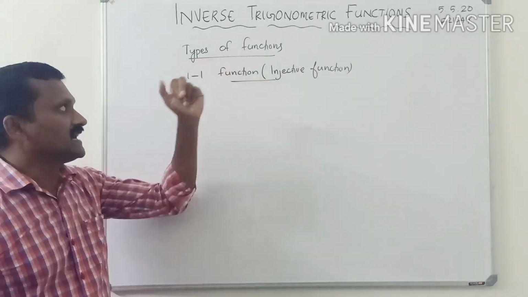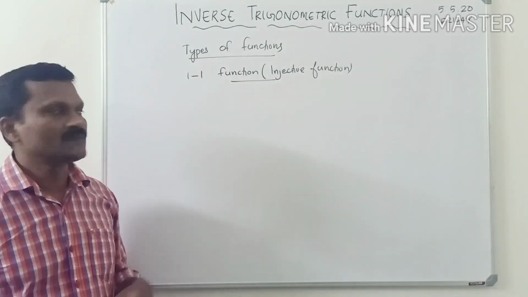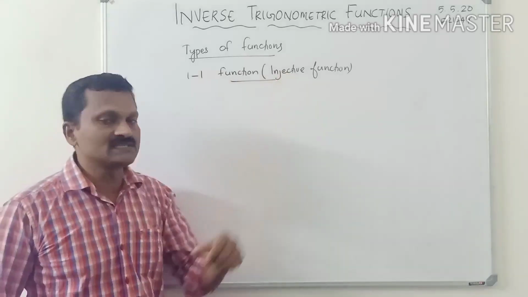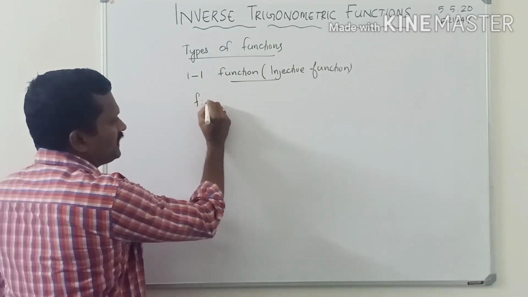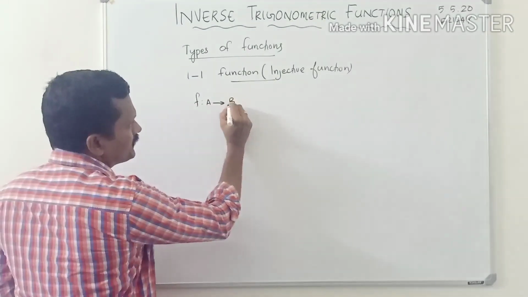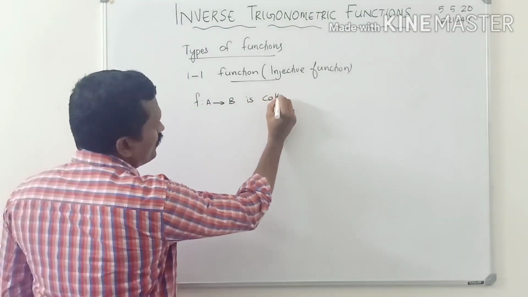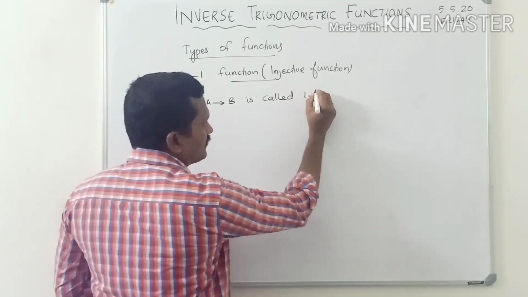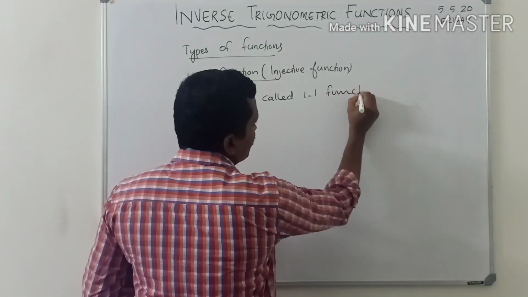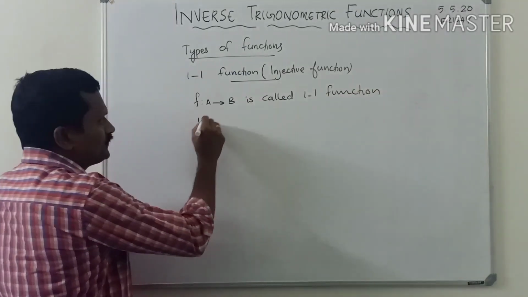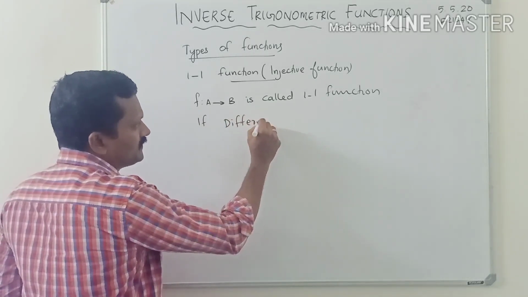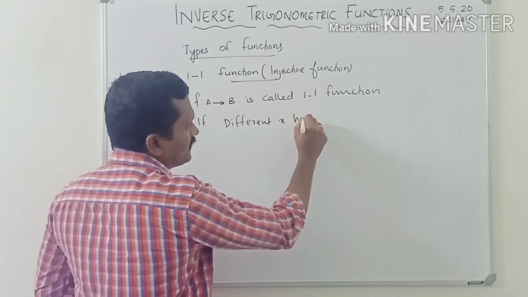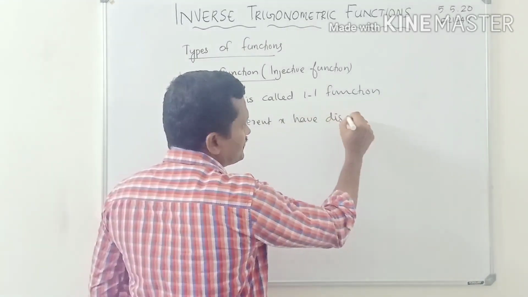Next, types of functions. First one: one-one function or injective function. A function f from A to B is called one-one if different x have distinct images.